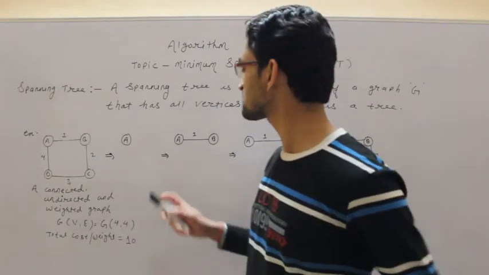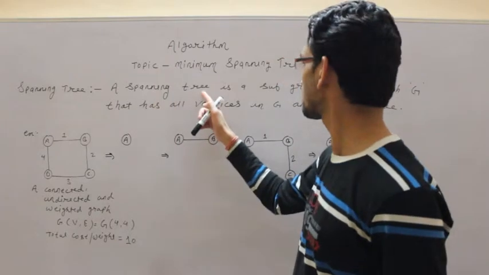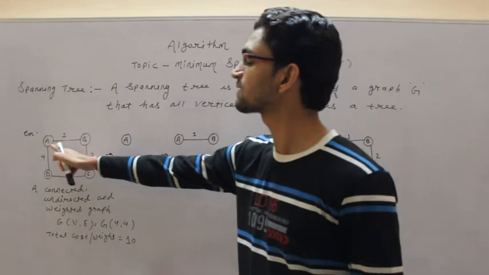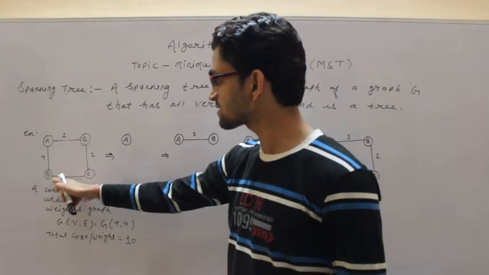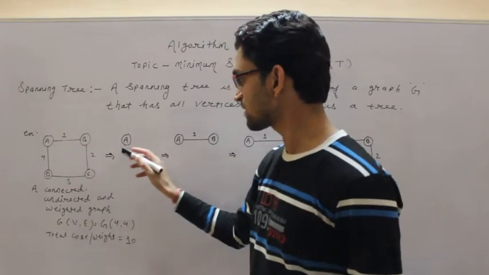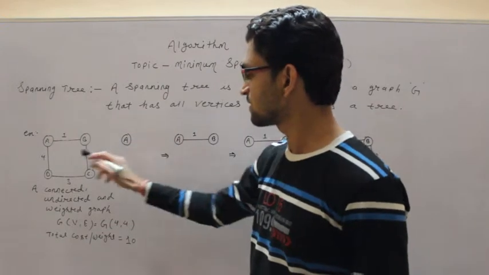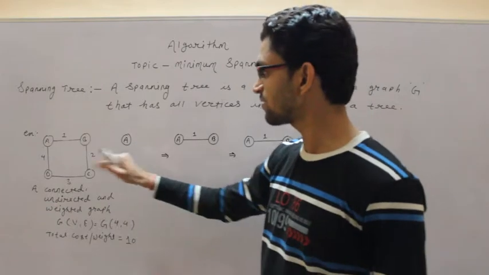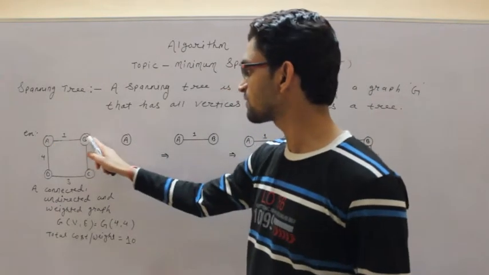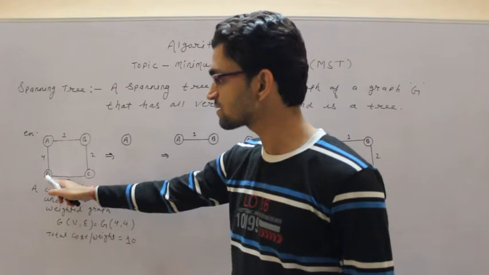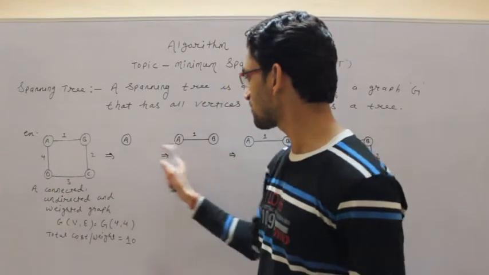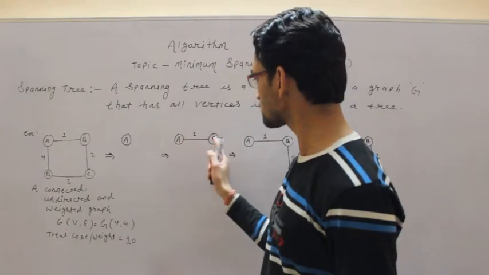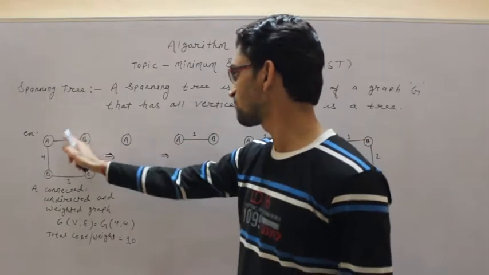Our definition says that a spanning tree contains all vertices which are present in the given graph. There are four vertices in this graph. You can start from any vertex. Suppose I am starting with vertex A. At A we have two choices: we can go either with B or with D. Suppose I am going with vertex B, and the weight associated with this is 1.